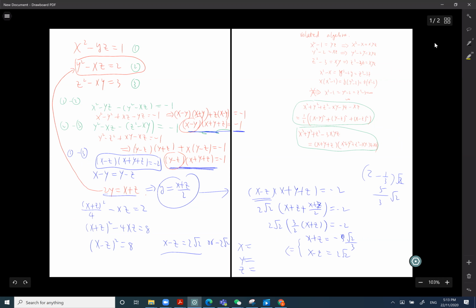So x equals 5 root 2 over 6. Z equals -7 root 2 over 6. This is just negative root 2 over 6, like that. Okay, double check if you can do something about thirds. Just add them up.